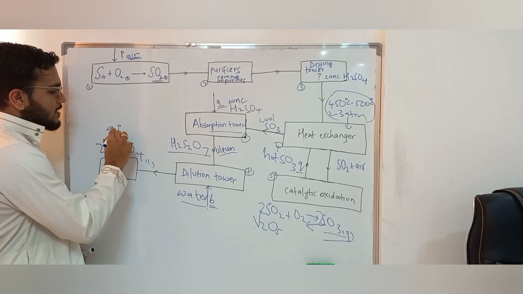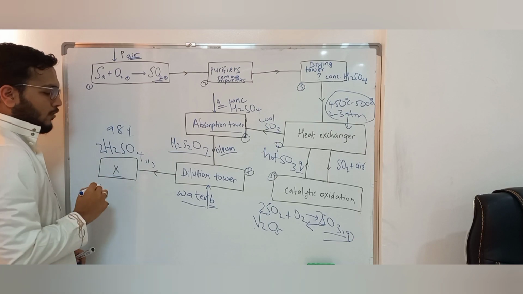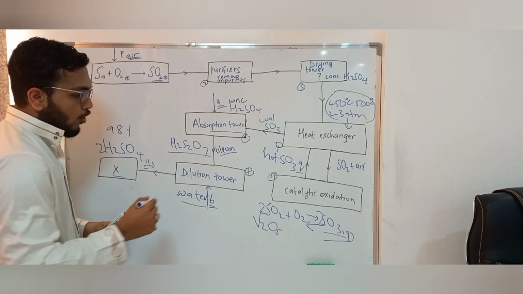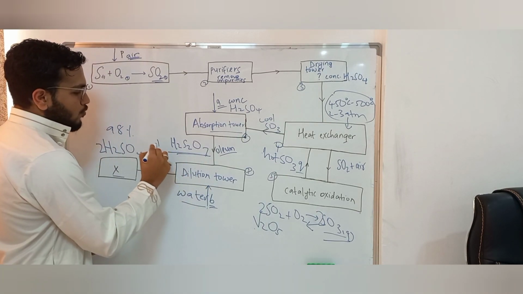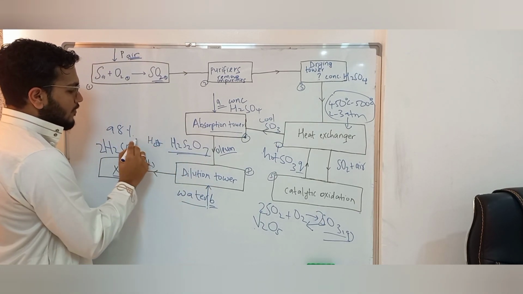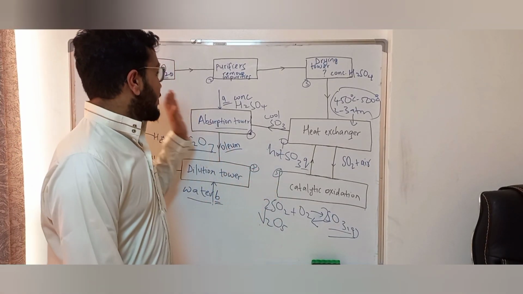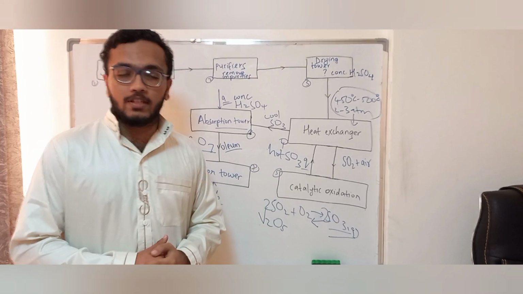This is 98% H2SO4. That is why it's a liquid, it's concentrated. So oleum plus water to form concentrated H2SO4. So this is the flow chart for manufacturing H2SO4 by the contact process.